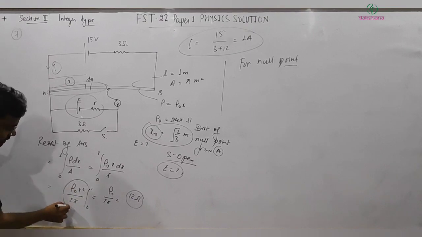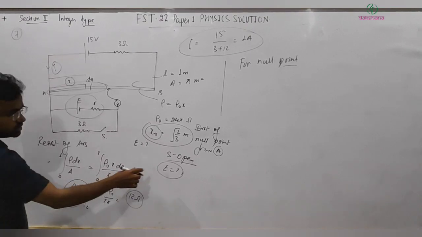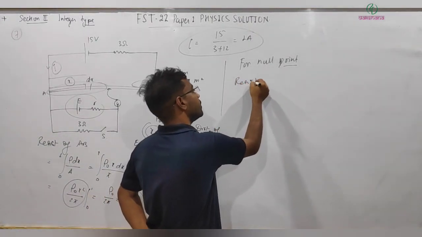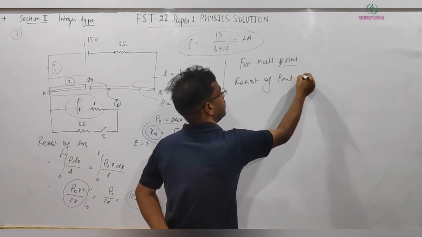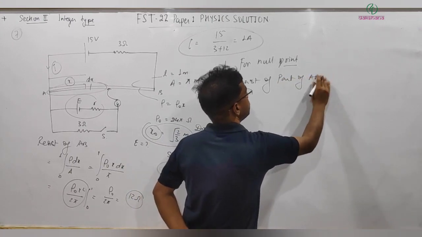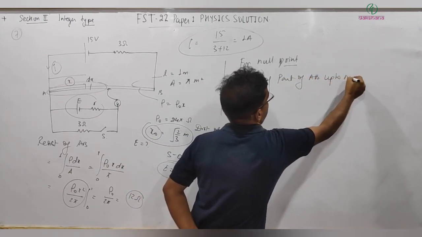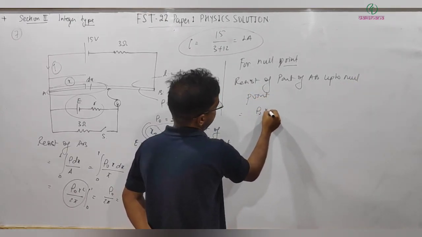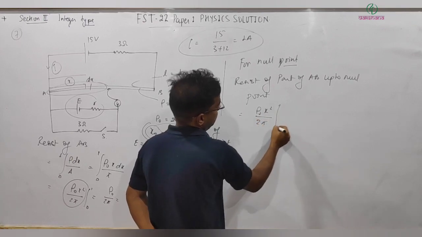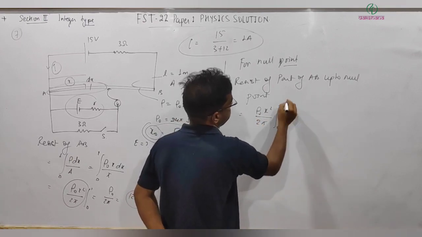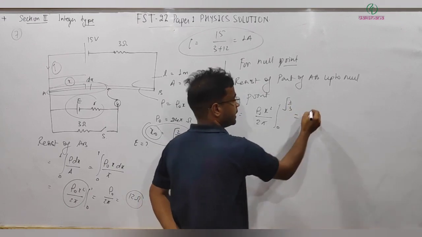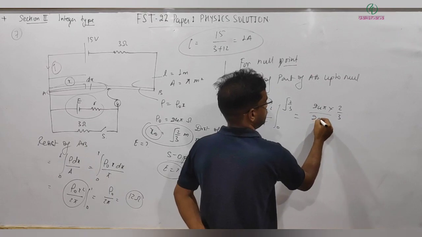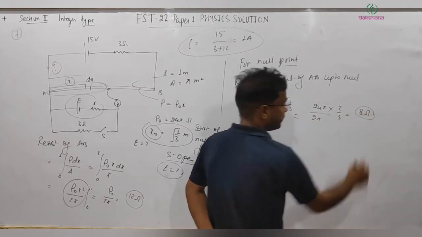So we got the expression of resistance in general terms. The resistance of the part of AB up to the null point we can get easily. It's rho naught into x square divided by 2 pi, from 0 to root 2 by 3, and we are getting 24 pi multiplied by 2 by 3 divided by 2 pi, which is 8 ohm, right?